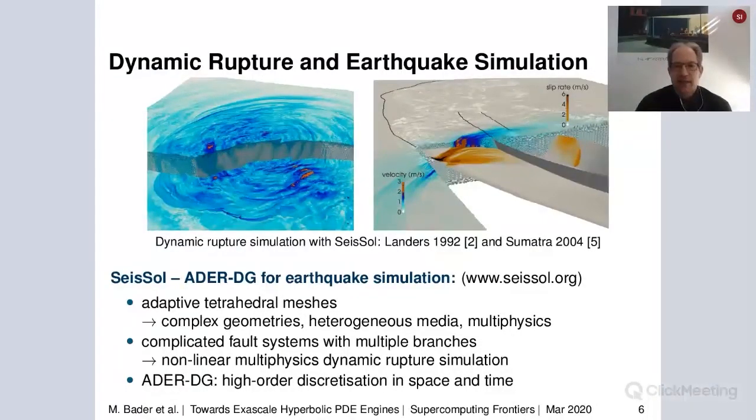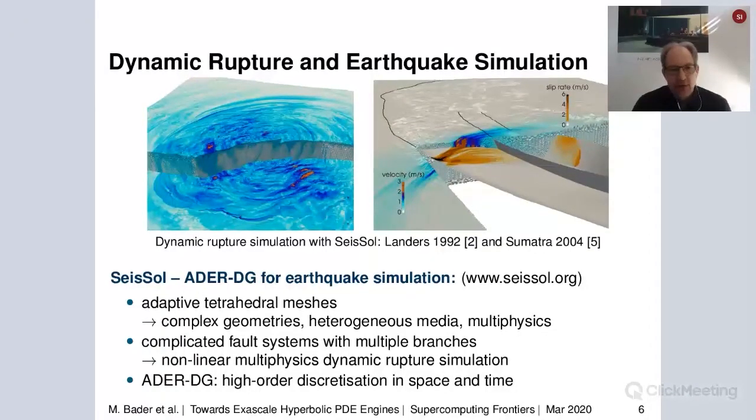Another example is the Sumatra earthquake on the right picture from 2004, which led to the Indian Ocean tsunami. There, a lot of the challenges in terms of modeling stem from the shallow angles, how the subduction zones meet the complicated topography of the ocean floor, and we have also tried to model branches in the fault as well as we can.